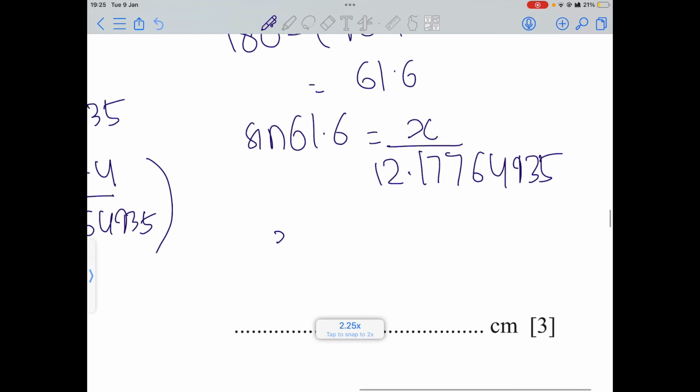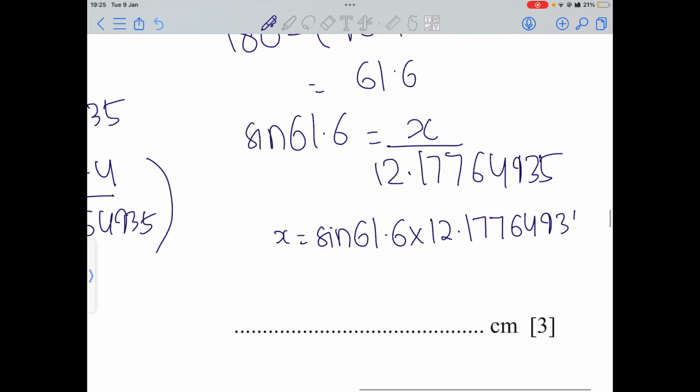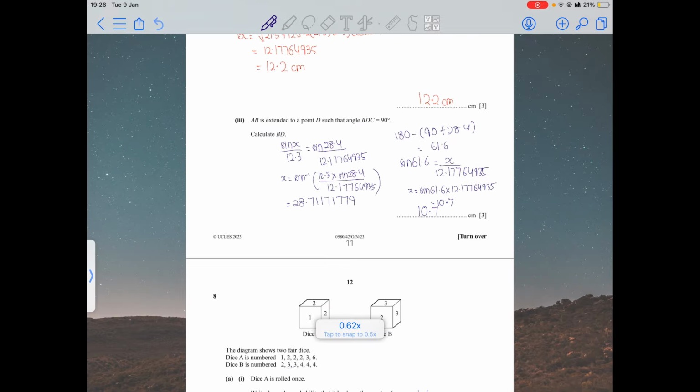So then x will be sine 61.6 into 12.17764935, which is equal to 10.7 centimeters. So the answer is 10.7 centimeters.